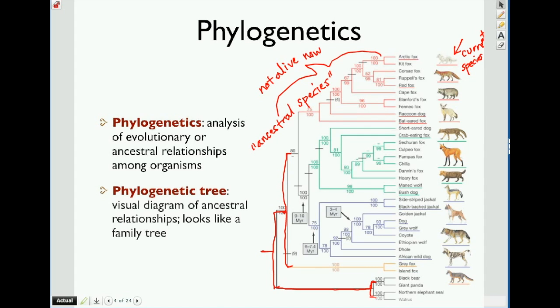So for example, this could be the branch that formed humans, and this could be the branch that formed the other primates. Okay, so we didn't come from monkeys because monkeys still exist, right? These critters on the right here, they came from these ancestral species that are not alive anymore.